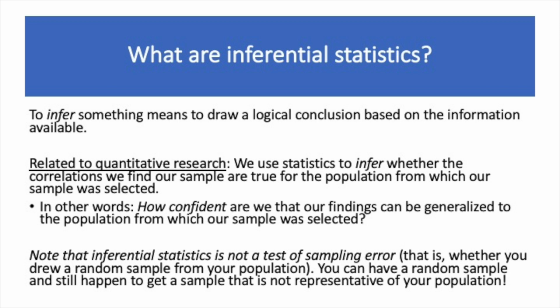So this is different from, we've talked about generalization in this class, whether our results can be generalized. Now we can think about this in a couple of ways. We can think about whether our sample generalizes or reflects our population. Here we're talking about whether our findings from a random sample can be generalized to our population. And we'll continue to make that distinction throughout the module and in class as well. Okay? This is really the crux of inferential statistics.